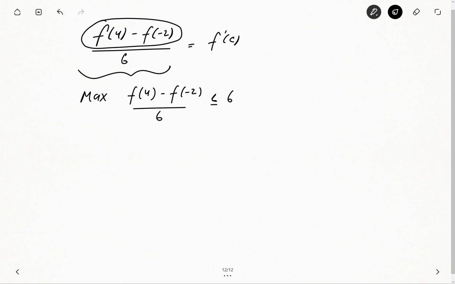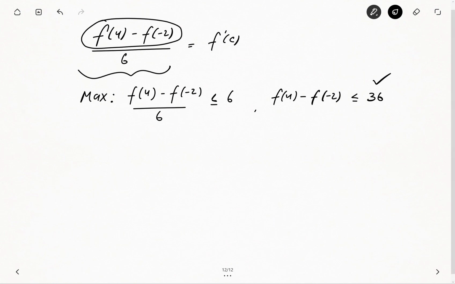Hence, you can figure out the upper bound: f(4) - f(-2) will be less than or equal to 36, because if you multiply both sides by 6 you get that 36. So, okay, cool. We figured out the first upper bound.